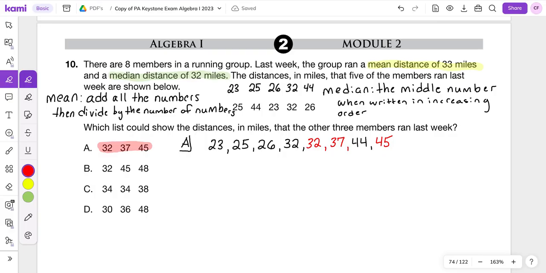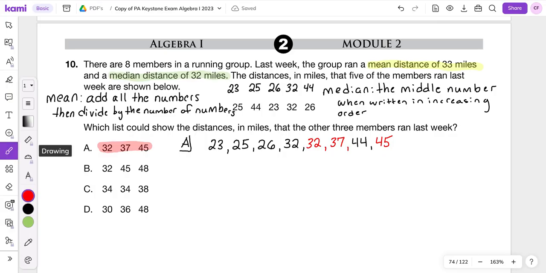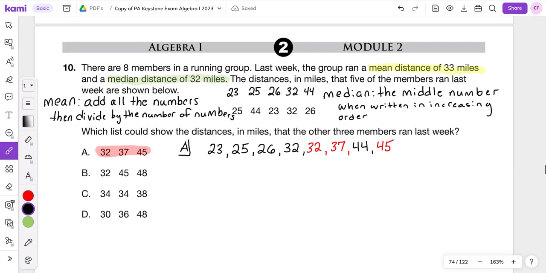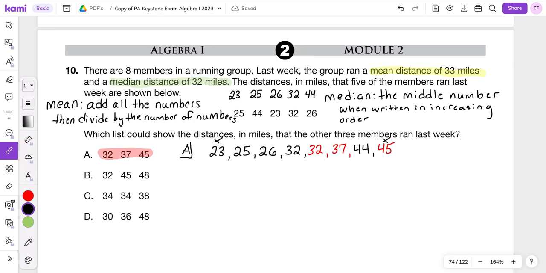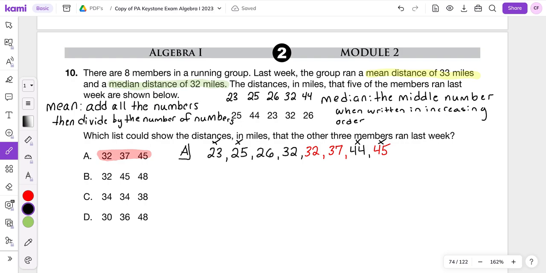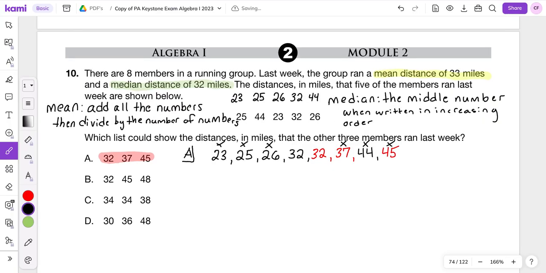If we first test the median, I can test this by finding the middle value. So 23 goes with the 45. This 25 cancels out with the 44. 26 with the 37. And notice I actually have 2 middle values.